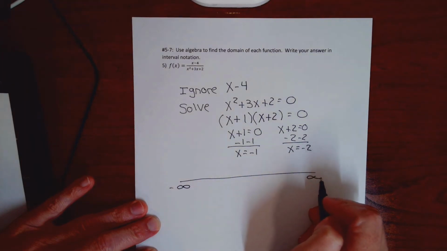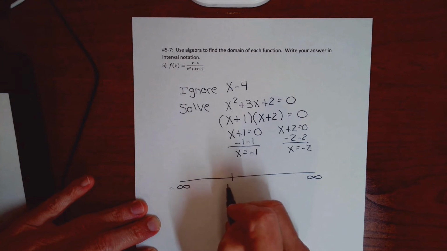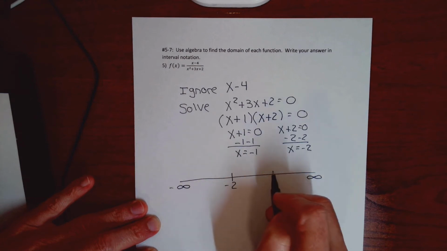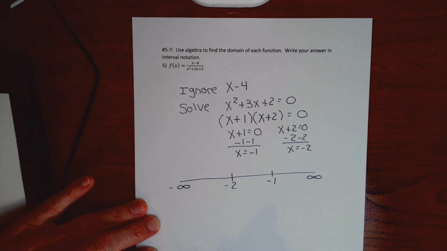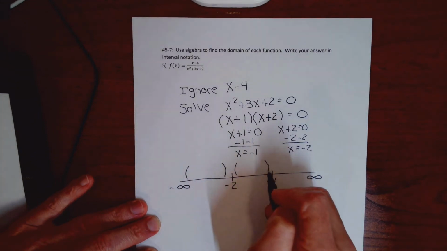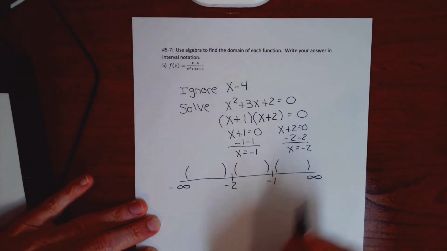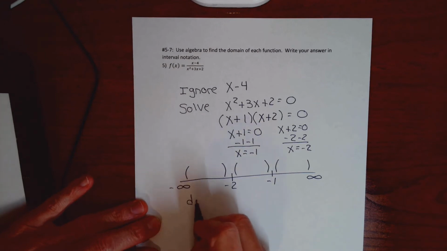To write the domain in interval notation, I create a number line that has negative infinity on the far left edge, positive infinity on the far right edge, and the numbers from my algebra in an appropriate order between the infinities. -2 is further left on the number line than -1, so I wrote it first. And then I create round parentheses and intervals.